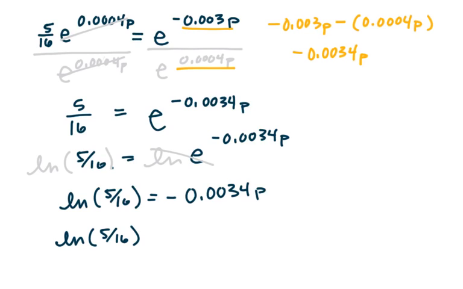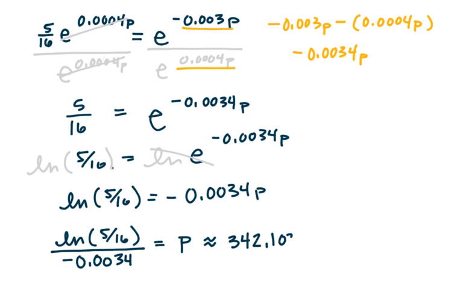So the natural log of a fraction, if it's less than 1, we're always going to get an output of a negative number. So dividing by this negative 0.0034, that's going to give me a positive output, negative over negative, positive output for p. And so plugging that into my calculator, I end up with 342.103194.